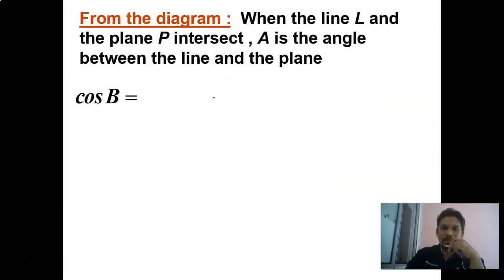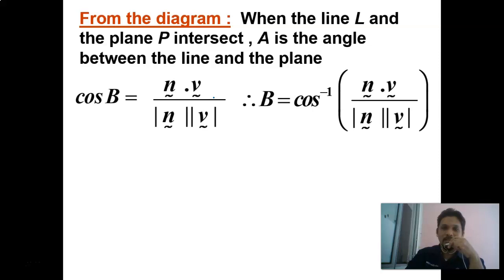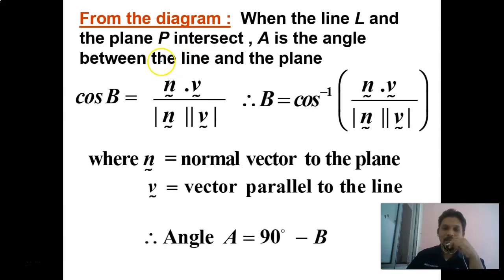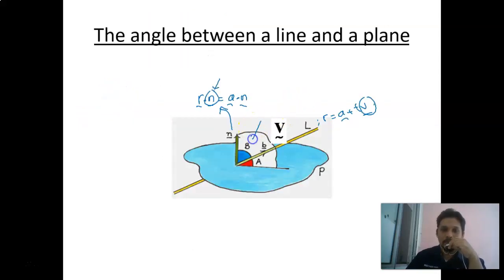From the diagram, when L and P intersect, A is the angle between the line and the plane. So we are going to find cos B, where B is the angle here. But we would like to find the angle between the line and the plane, not between the line and the normal.